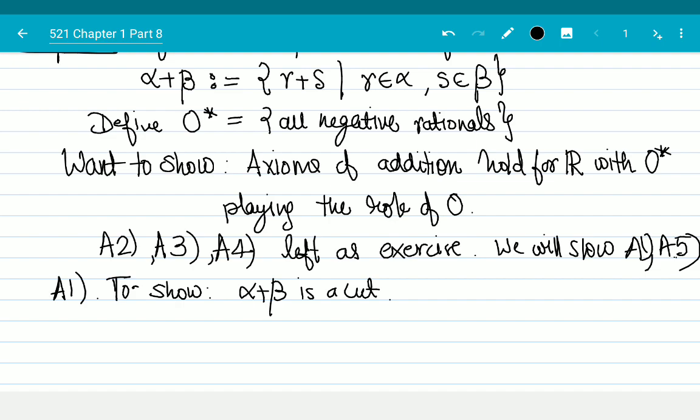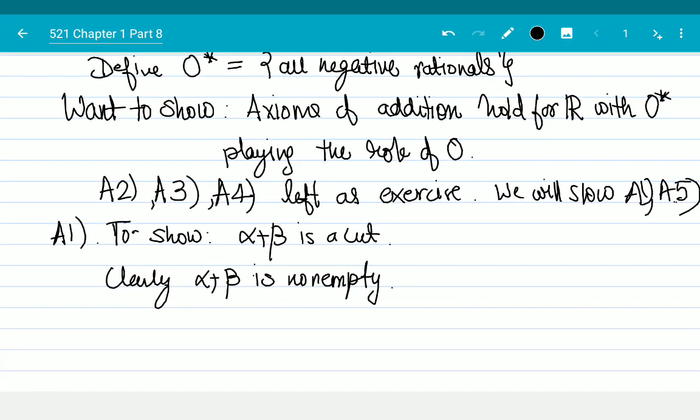First of all, property one is more or less clear. Clearly, alpha plus beta is not empty, right? Because there is an element in alpha, there is an element in beta. Take their sum. That is not empty.